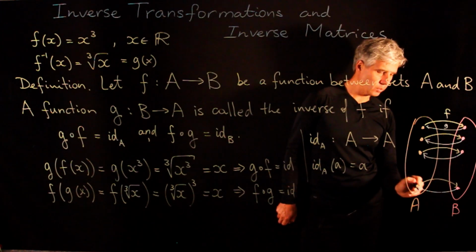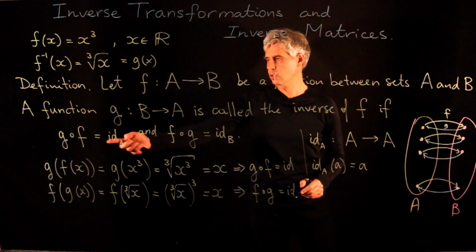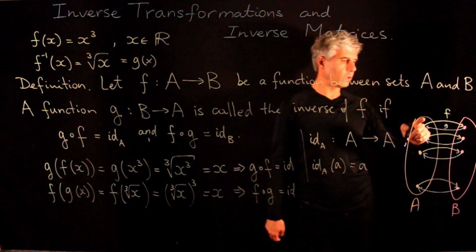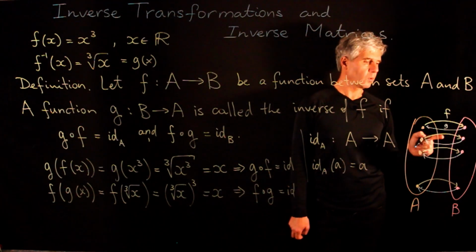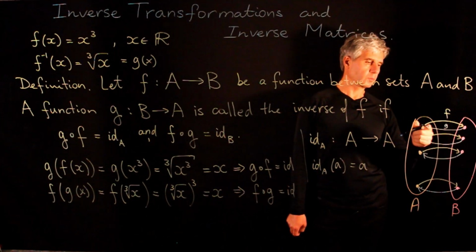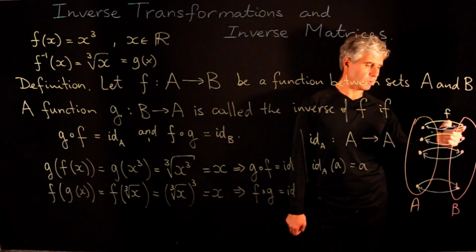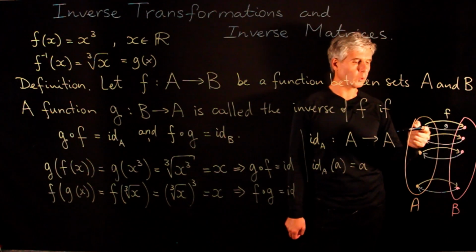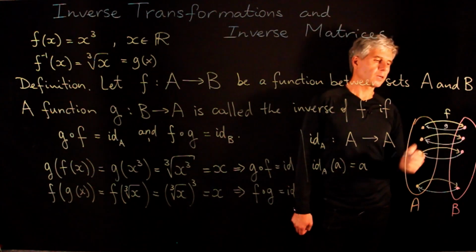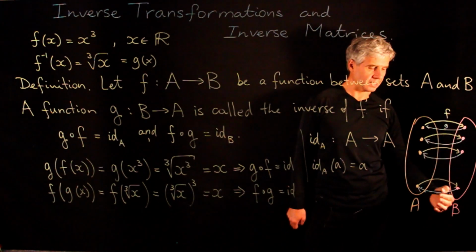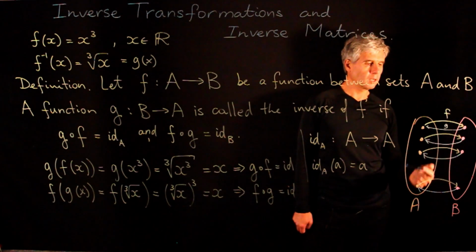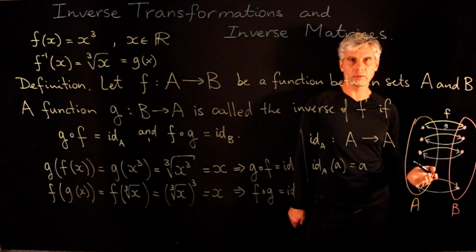And so that we have these two compositions. So if we go back and forth, then we come to the same place. Or, if we start from the set B and first follow the g arrow and then come back with an f arrow, again we will come to the same point. So this is how one should picture the function and its inverse.